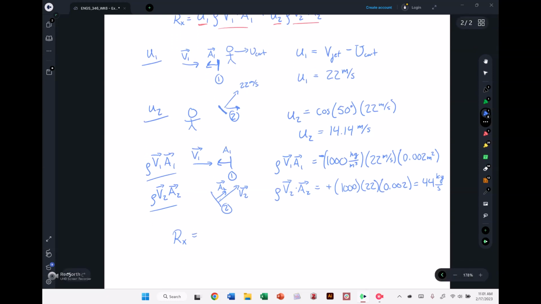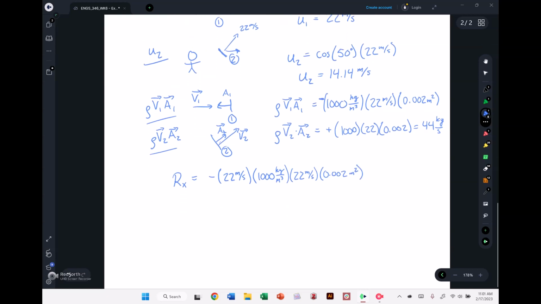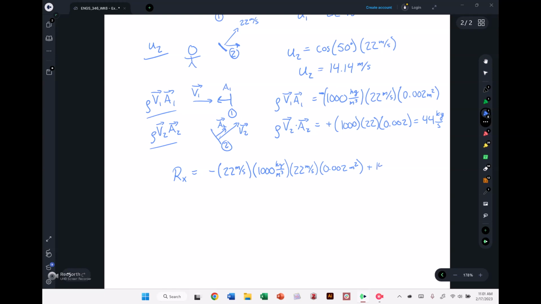So we have a negative 22 meters per second, that's U1, times 1,000 kilograms per meter cubed, times 22 meters per second, times 0.002 meters squared, plus now 14.1 meters per second times 44 kilograms per second.